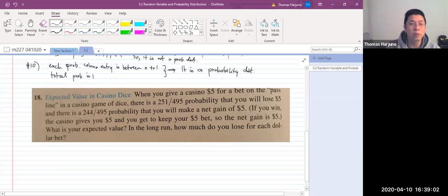So from this question, let's summarize first what the random variable is. Let X be the gain.